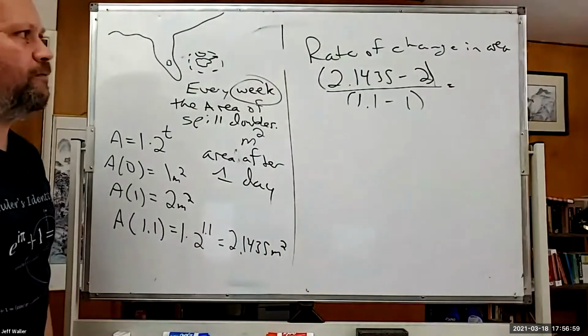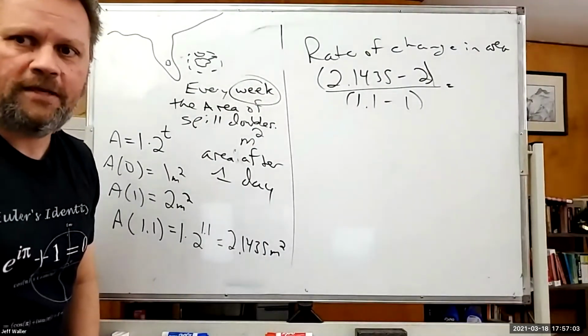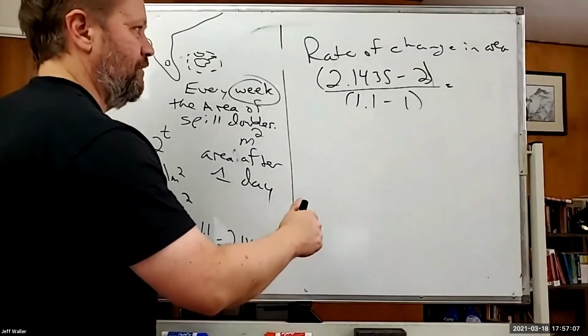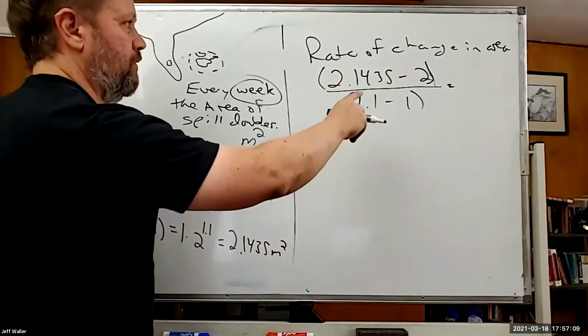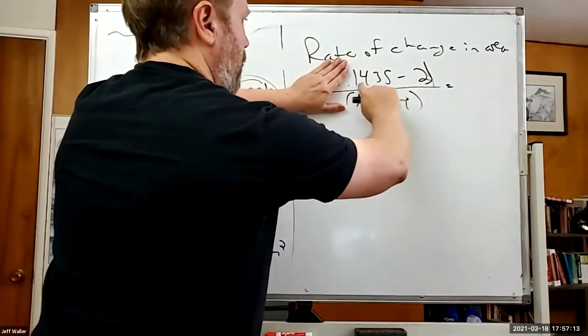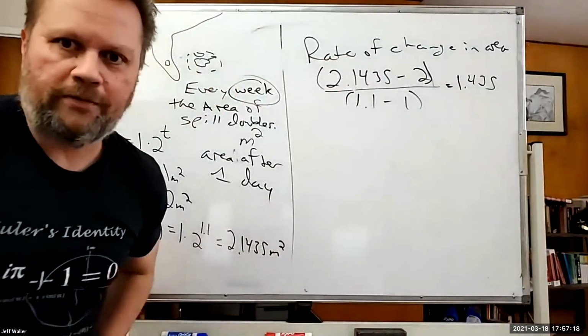Somebody help. What do you guys get? 1.4. Yeah, 1.435. So using the calculator actually makes this worse. That minus that is 0.1435, divided by 0.1 is 10 times, is 1.435. It's easier to do it without the calculator.